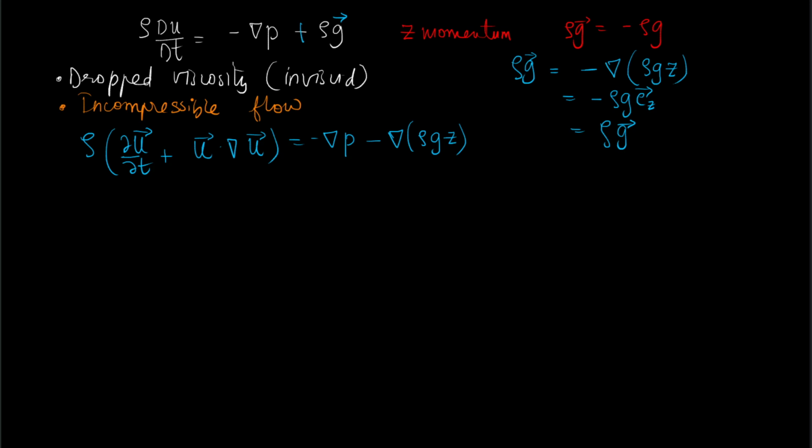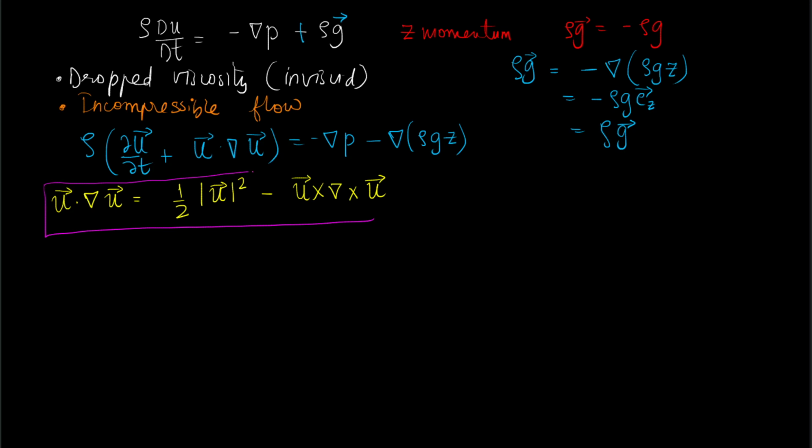Alright. So moving on, we can make use of the vector identity that u dot nabla u is equal to half mod u square minus u cross nabla cross u. Let us prove this little identity with the knowledge of index notations.